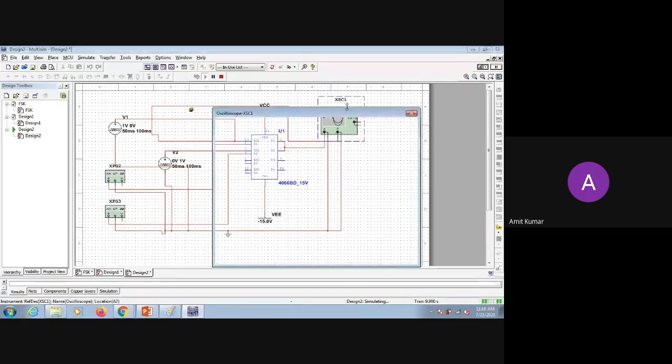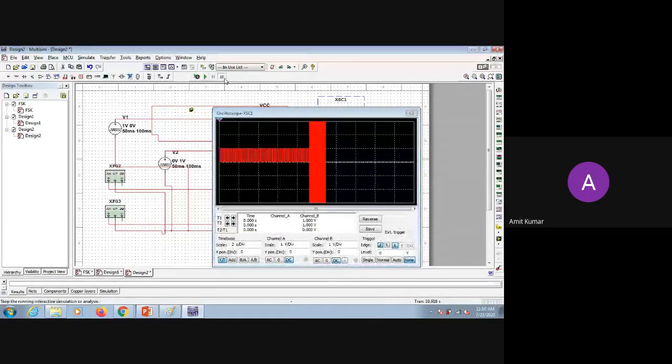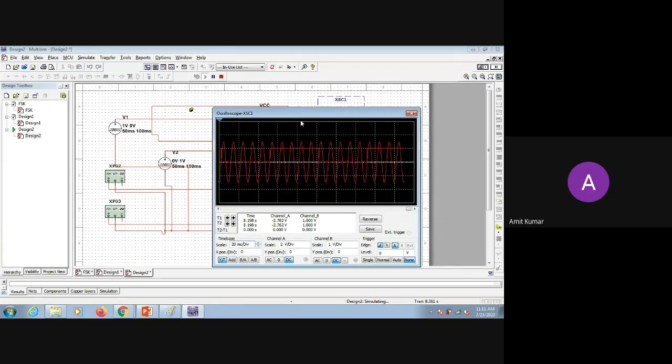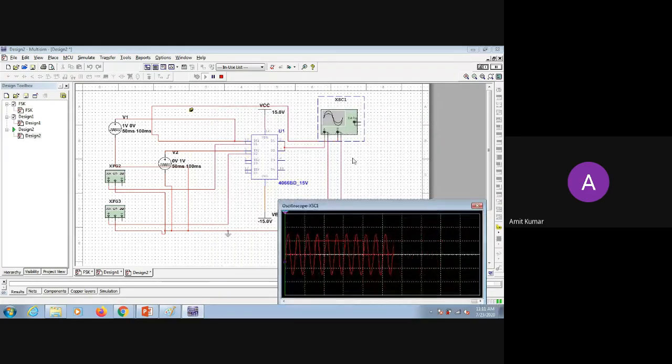We will be able to see whether we are getting the data. Just a minute.